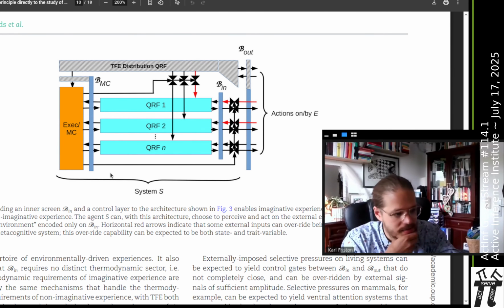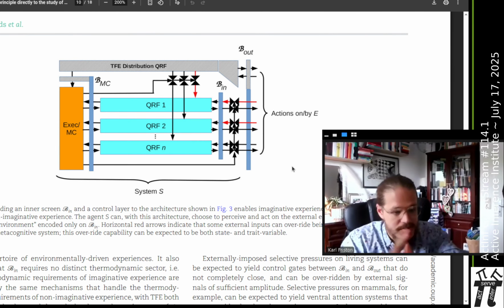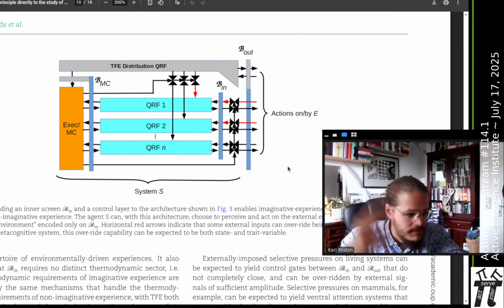So I was thinking, why is there only one direction? And isn't the thermodynamic free energy distribution quantum reference frame, that's a terrible name, by the way, then higher in the hierarchy than the executive? Which could be an answer to the question that dorsal attention overrides the other, something like this.